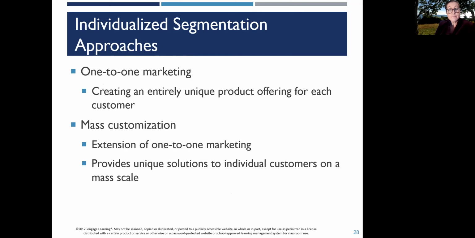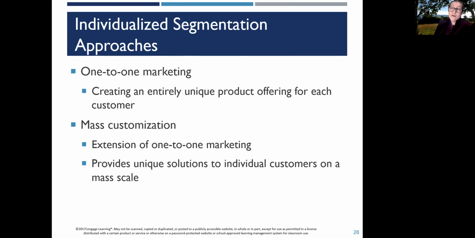Right, so one-to-one marketing is about creating an entirely unique product for each customer. So for one-to-one marketing, reverse up in time and look at the vehicles that were available prior to Henry Ford releasing that T model in 1910.